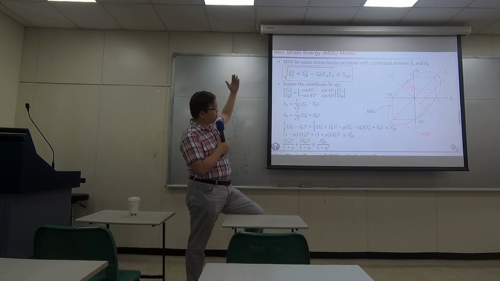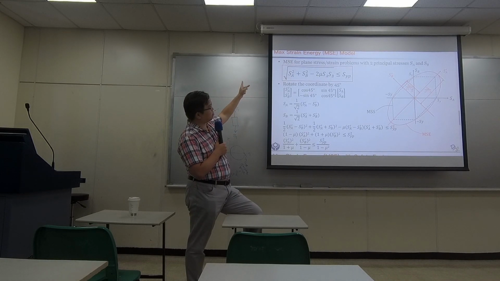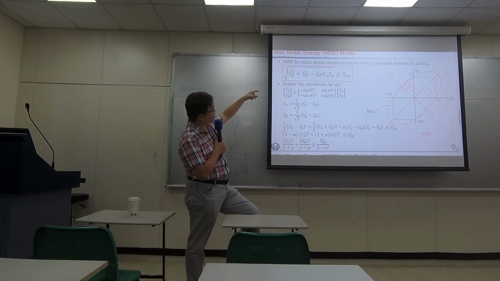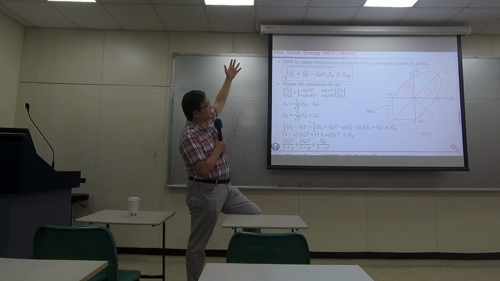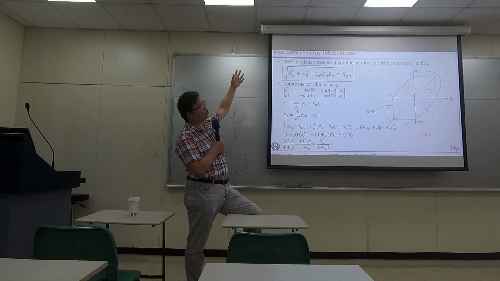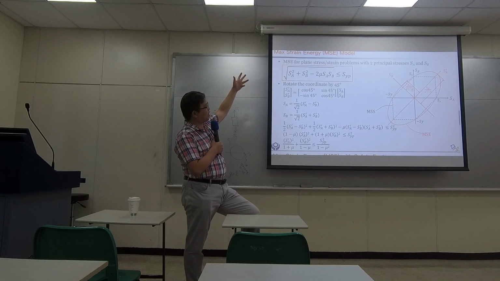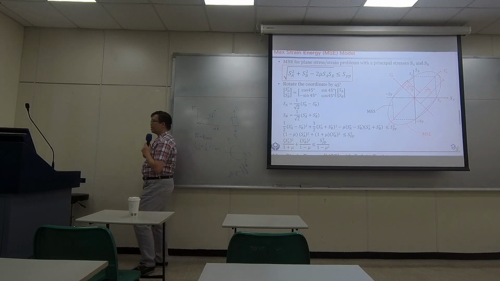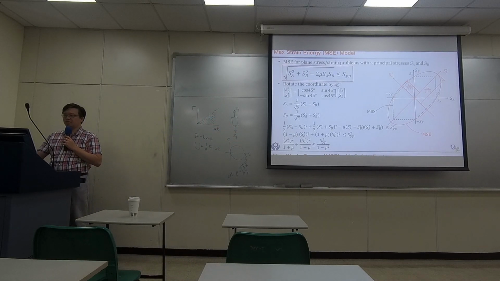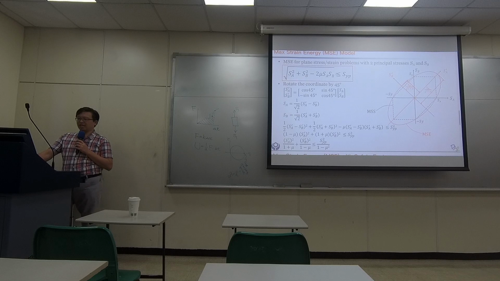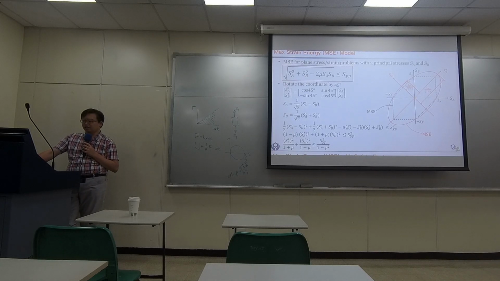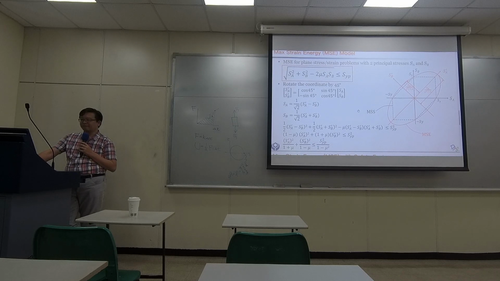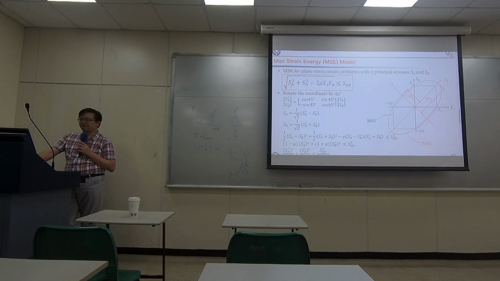And I introduced a second model, which is the maximum strain energy model. It looked like the equation I showed you earlier. And if you want to make a drawing of it, it's not so easy. So I did something right here in this particular slide to help you understand how to make a drawing of it. Where did this come from?